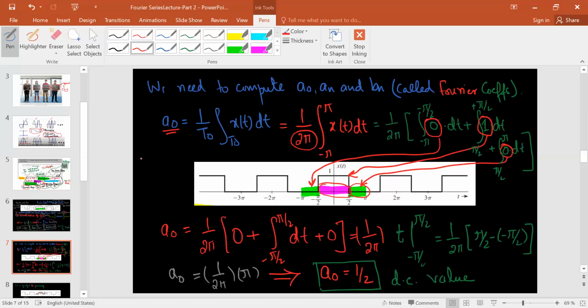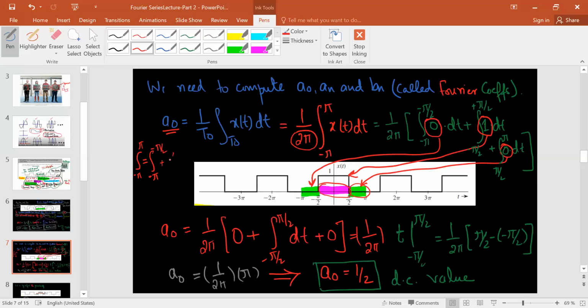So I will take my integral, if I can write it here, my integral from minus pi to plus pi. I break it up into 3 integrals based on the behavior of the signal that I'm going to integrate. Minus pi to minus pi by 2.